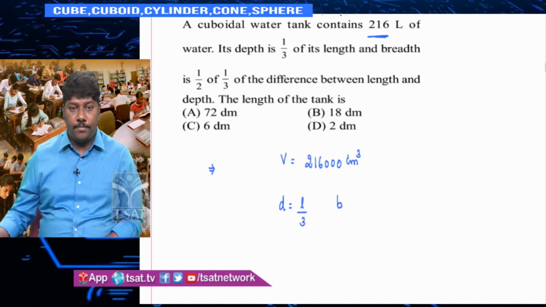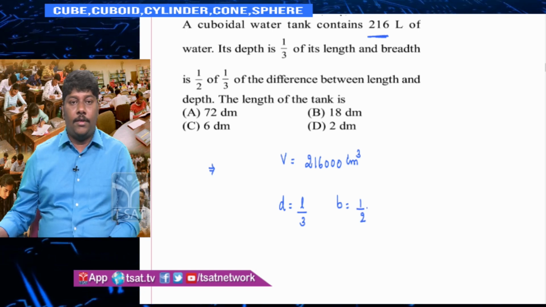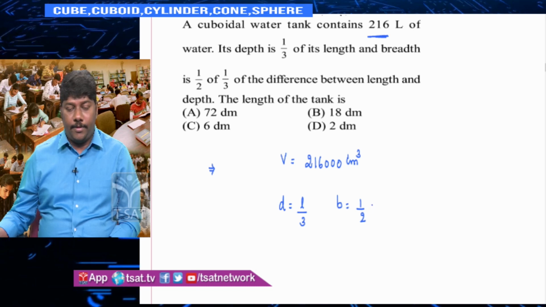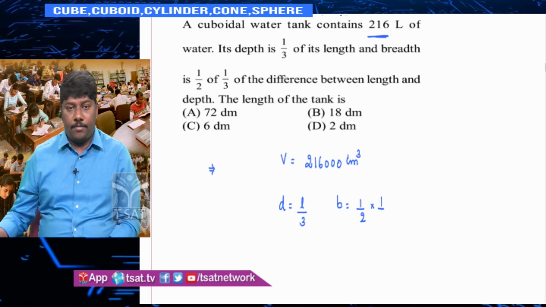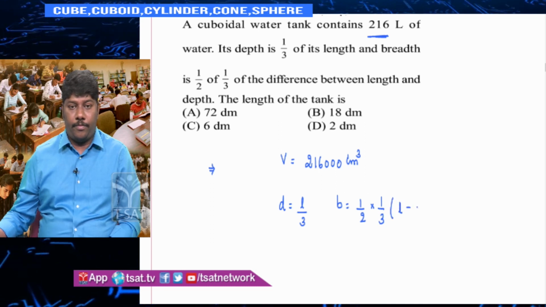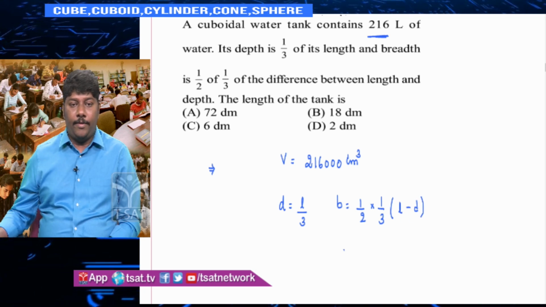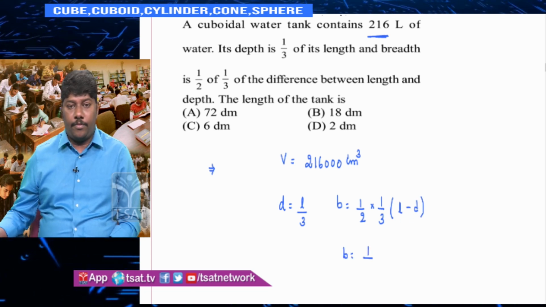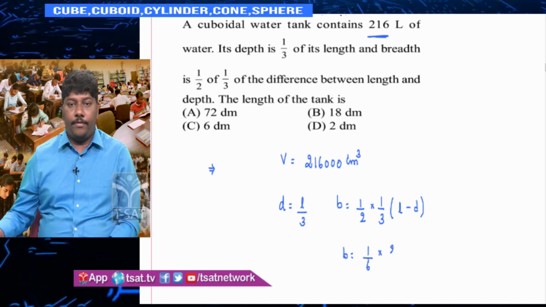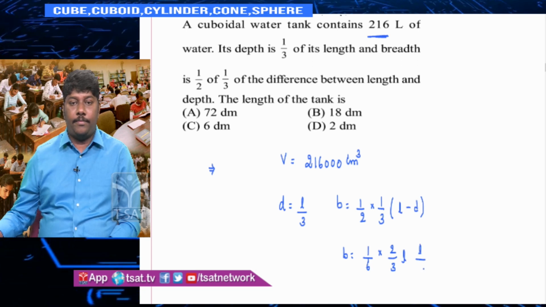Breadth is half of 1/3 of the difference between length and depth, where depth is clearly given as L by 3. L minus L by 3 is 2/3 of L. So the breadth is L by 9.